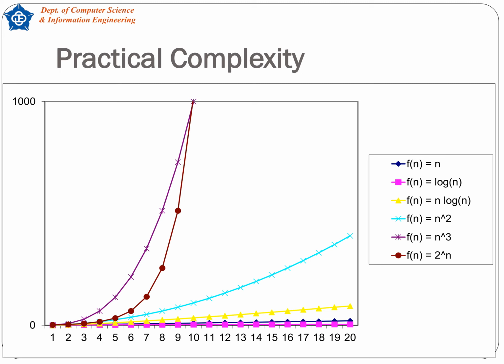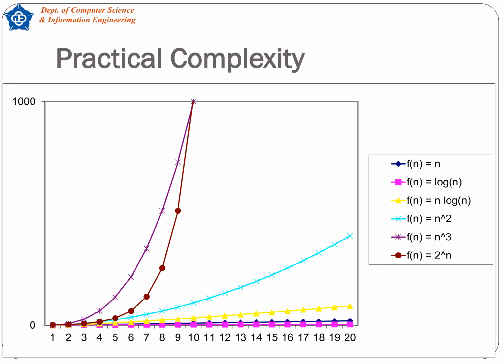Building on our discussion of polynomial growth, let's take a practical look at how these complexities actually behave. On this slide, titled Practical Complexity, we plot 6 common functions as n ranges from 1 to 20. The horizontal axis is n, and the vertical axis shows function values up to 1,000. On the right, you'll find the legend matching each curve.